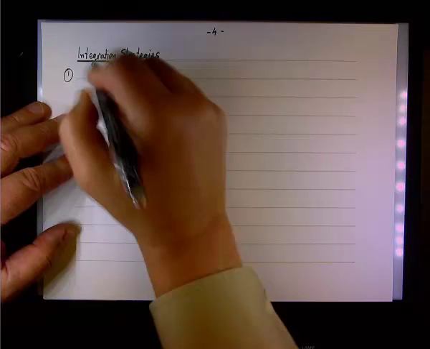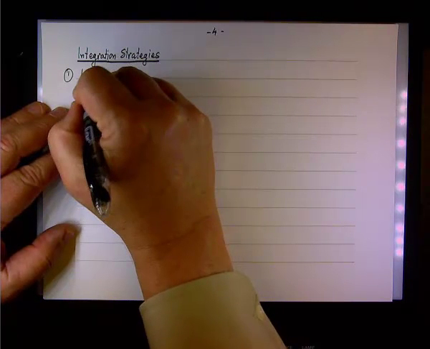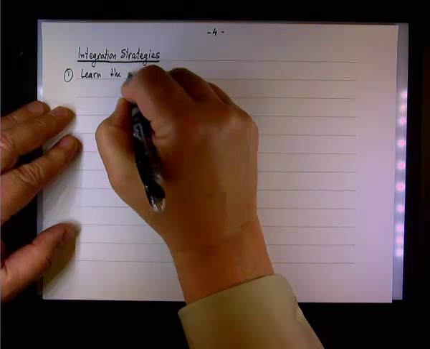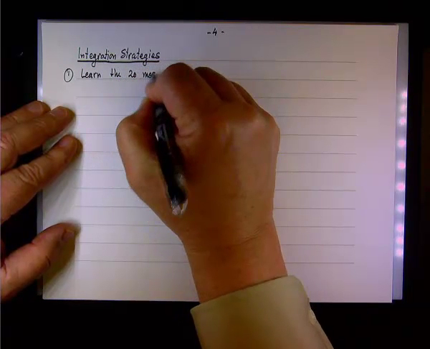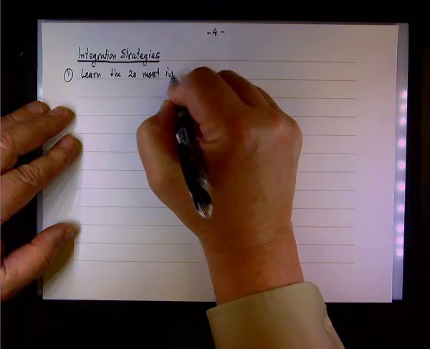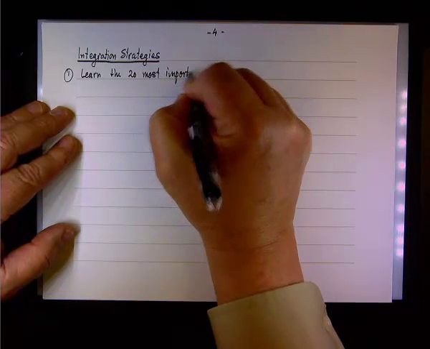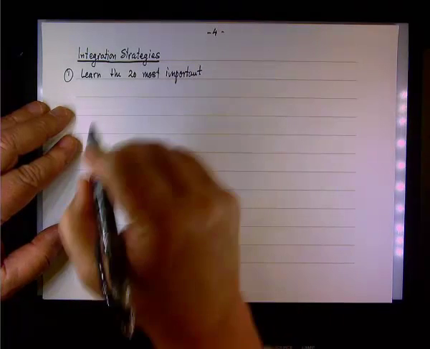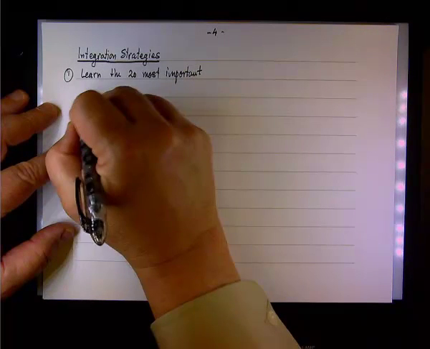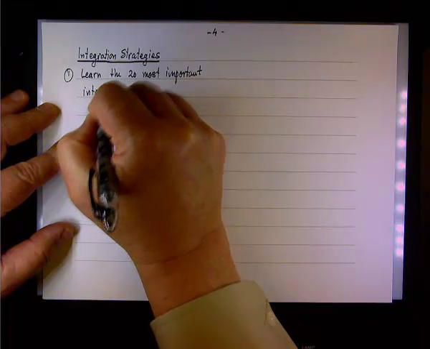So the first strategy is the one you expect: you better learn the 20 most important integrals that I gave you at the very beginning of the journey. So learn the 20 most important integration formulas.